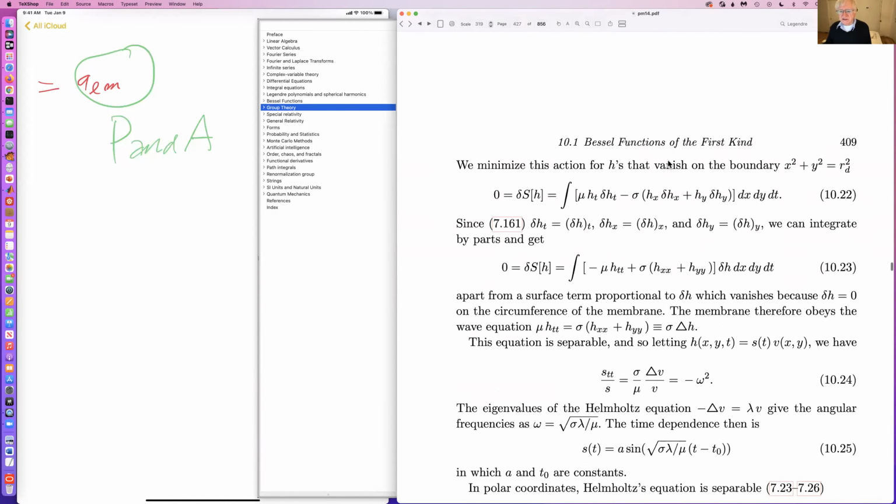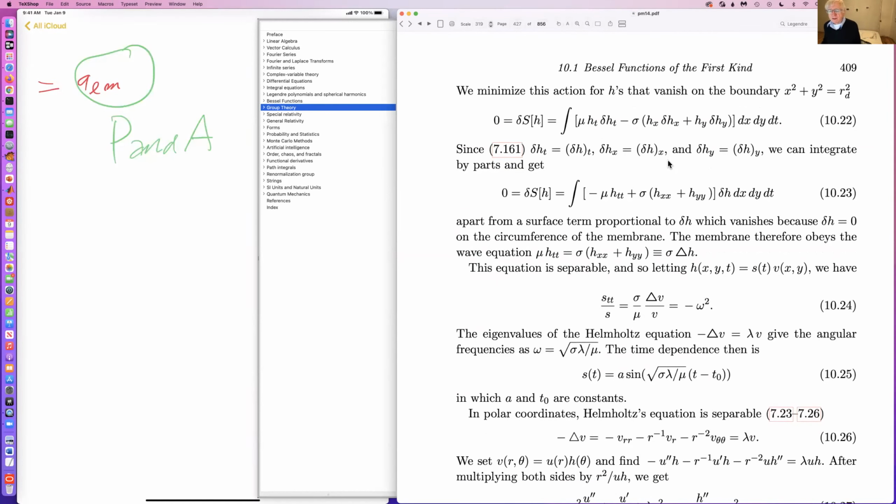And we minimize this by saying that our equation of motion will be the function of h that minimizes the action, or that makes the action stationary for small changes in the height.